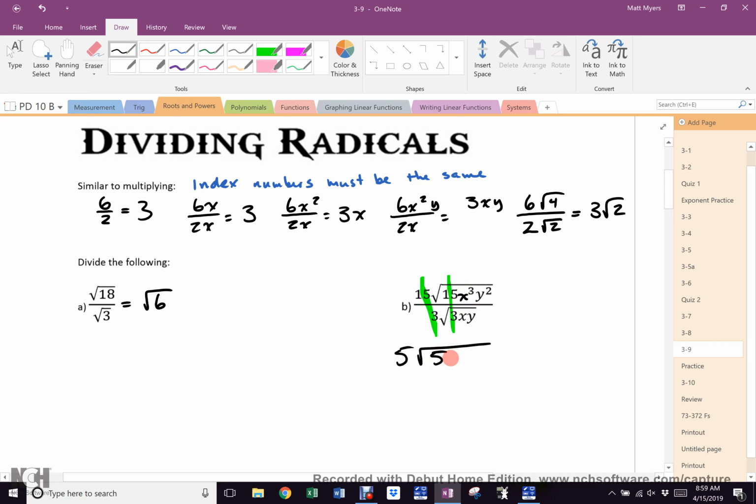Divide to get what? X squared. What are you going to do with y squared and y? Divide to get y. Would you leave that? The x comes out. Why? Because there's 2 of them. So what's the answer? Easy peasy. Right?